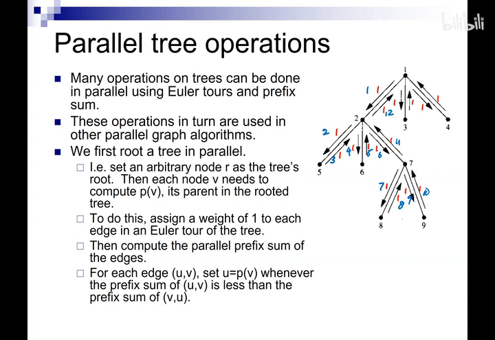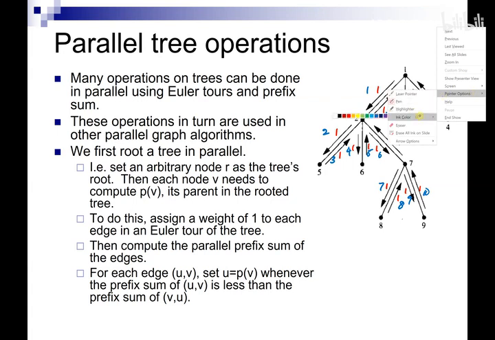Okay, and now we're going to use these values from the prefix sum in order to determine the parent-child relationship. So what we're going to say is that for each edge uv, u is the parent of v whenever the prefix sum from uv is less than the prefix sum from vu. As an example of this, let's go for green now.